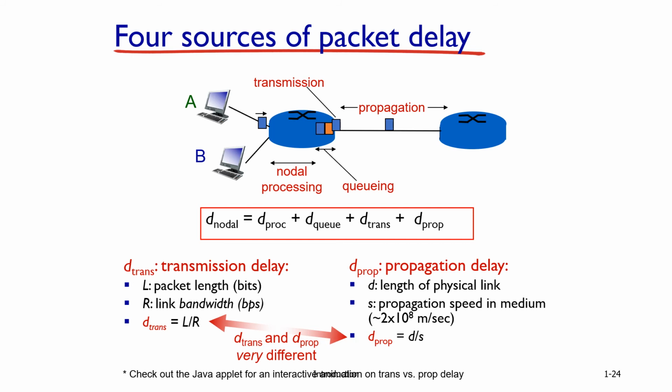Remember the difference between the two. The transmission delay is the amount of time it takes the router to pick all the bits of the packet from the internal buffer and put them on the output wire. Whereas the propagation delay is the amount of time it takes for those bits that have been output on the wire to travel to their destination.